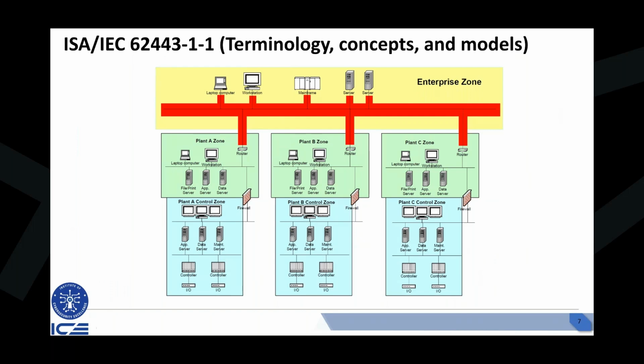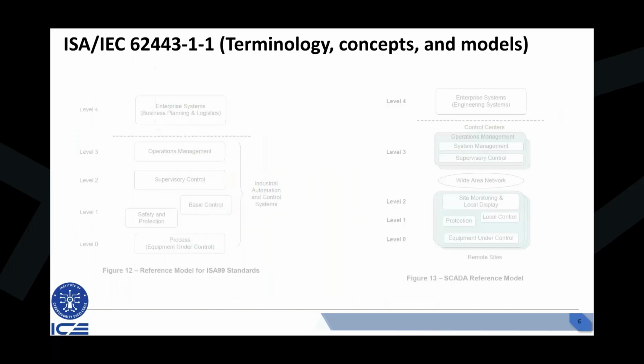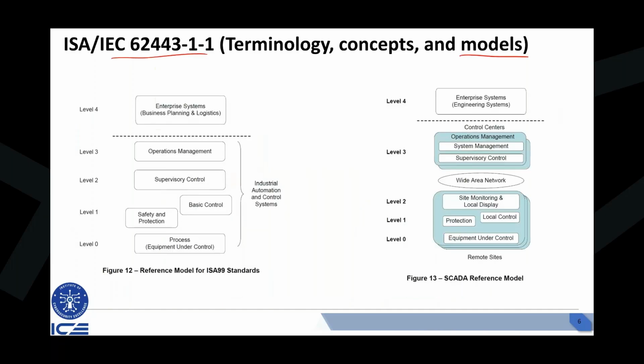Note that if I try to correlate this with the Purdue model or ISA 99 reference model, you would see that this is level 1. If I go back to the previous slide, you would remember that we said level 1 is where the control components, the PLCs, for instance, reside, or the Purdue model identifies them as level 1.